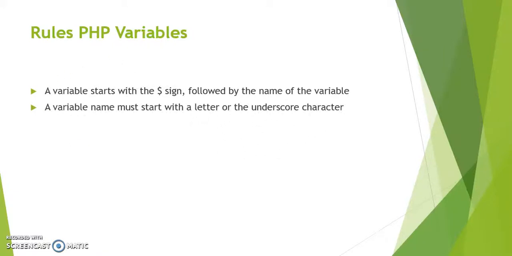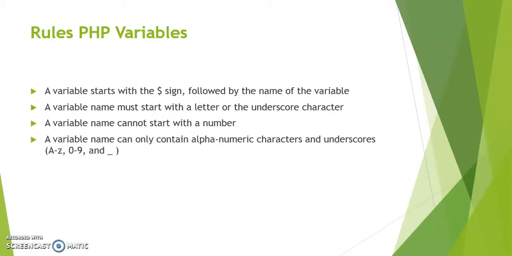A variable name must start with a letter or the underscore character. A variable name cannot start with a number. A variable name can only contain alphanumeric characters and underscore, from A to Z, 0 to 9, and underscore.